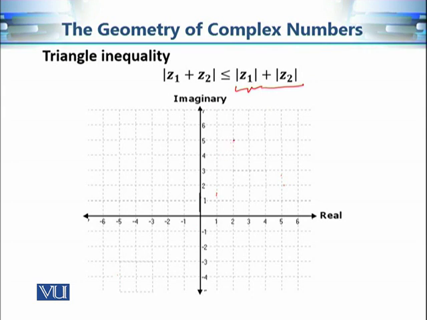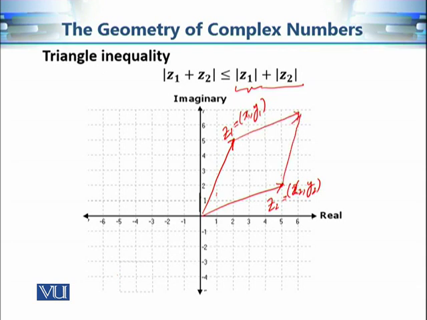So if z1 is this complex number in the plane with coordinates x1, y1, and z2 is this complex number in the plane with coordinates x2, y2, and we associate vectors with these two complex numbers, then the addition of these two complex numbers can be represented geometrically as the diagonal of this parallelogram, which is z1 plus z2.